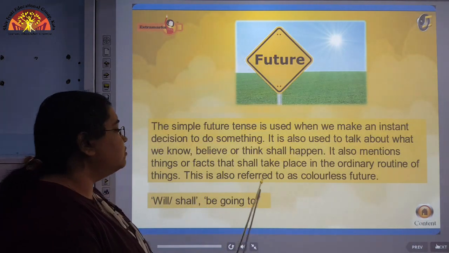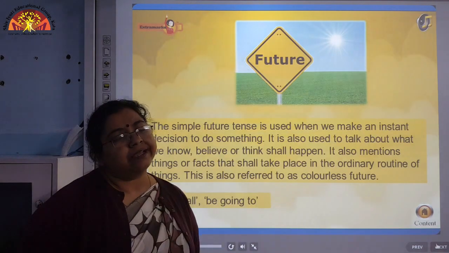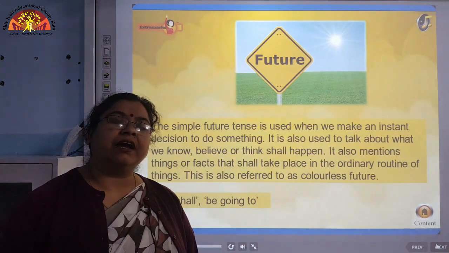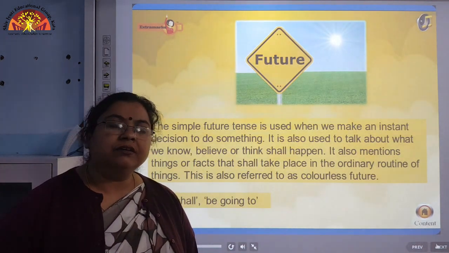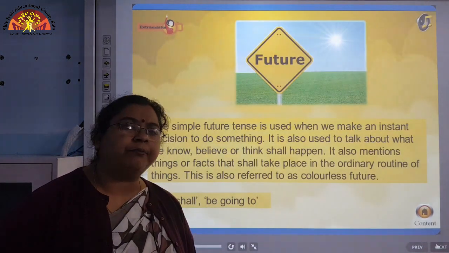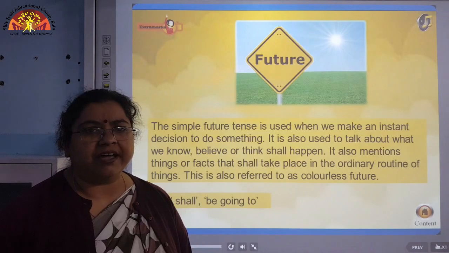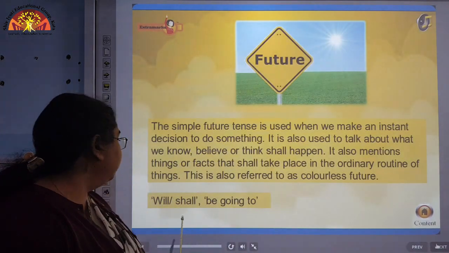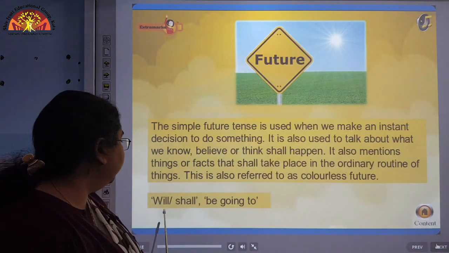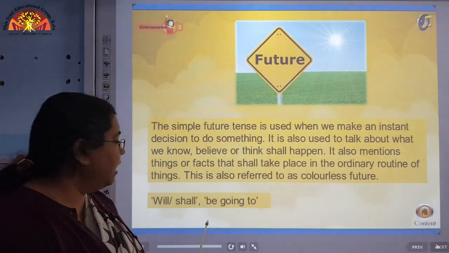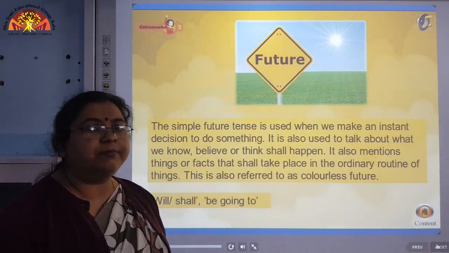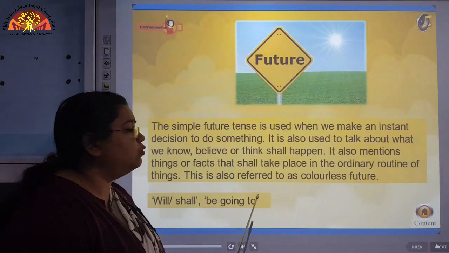This is also referred to as colorless future, that the sun will rise in the morning. The sun will rise tomorrow morning. This we know it will happen. It does not go anywhere like this. So, we frame the sentences by using will or shall, and also we frame simple future tense sentences by using be going to.